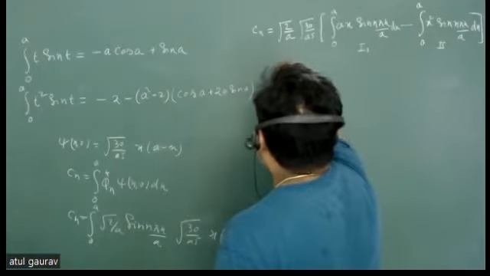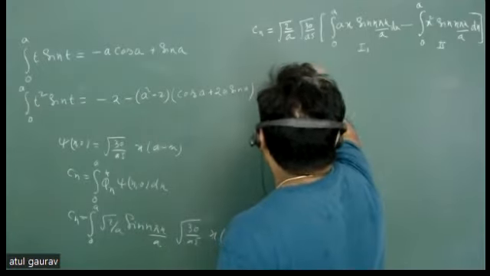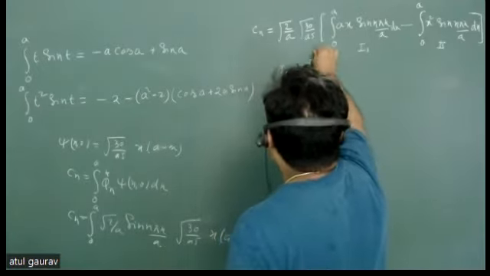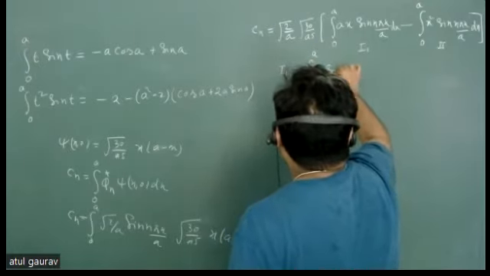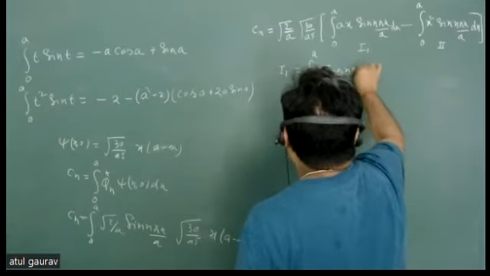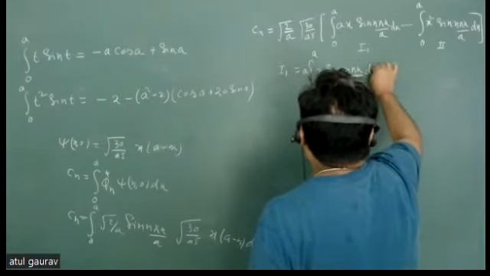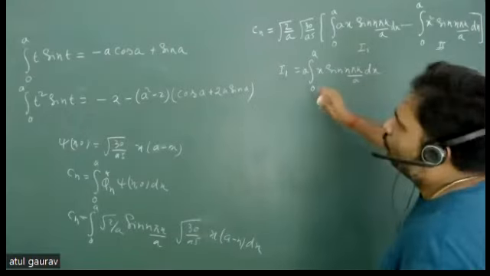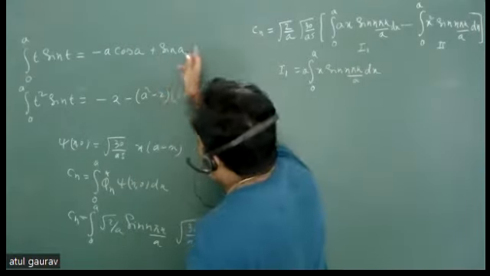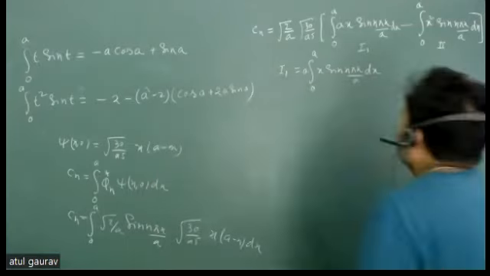So what is my first integration? My first integration I1 is from 0 to a, x sine n pi x upon a dx. What we will do here, we will use this formula, so I have to put everything into this form.